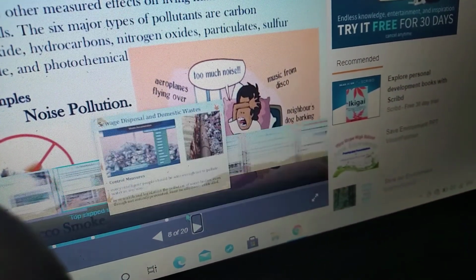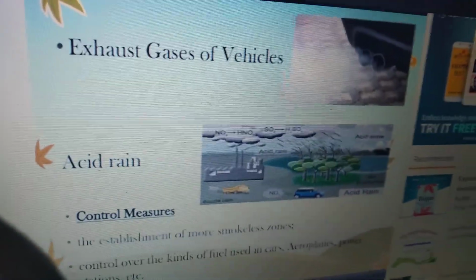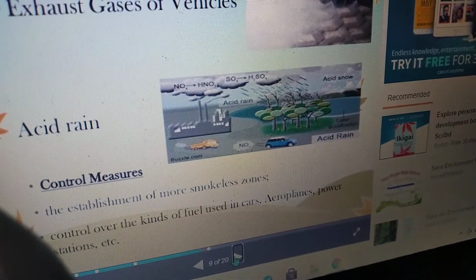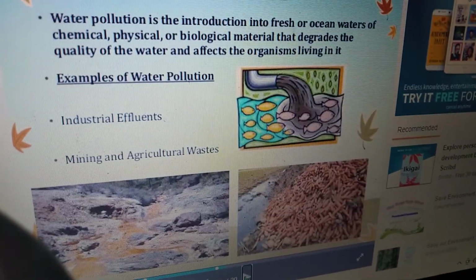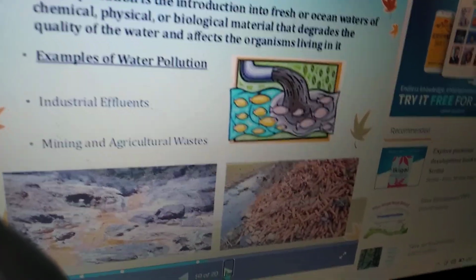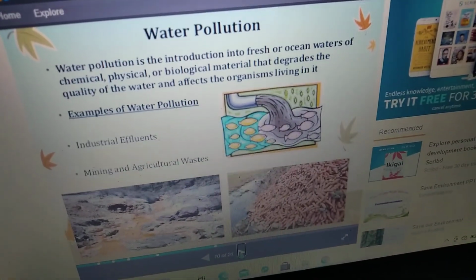Next, coming to water pollution. Do you have any idea about water pollution? See, these are the exhaust gases of vehicles which cause air pollution. Next, coming to water pollution. See, water is also polluted. Industrial waste materials are thrown into water. Are you seeing here, water pollution also?